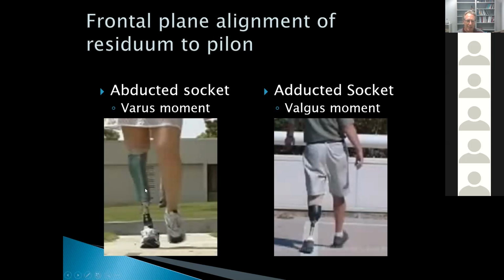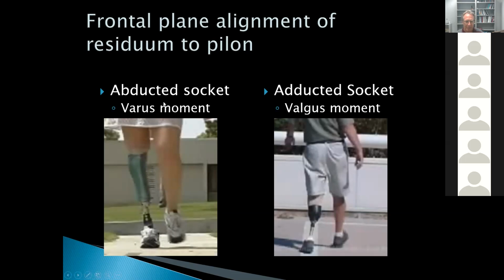So the pylon is adducted, you see. That means that the socket is abducted. This is what we actually want for a couple reasons. One is that it loads up pressure tolerant areas like the medial tibial flare, but also because it gets the foot medially underneath the center of mass.